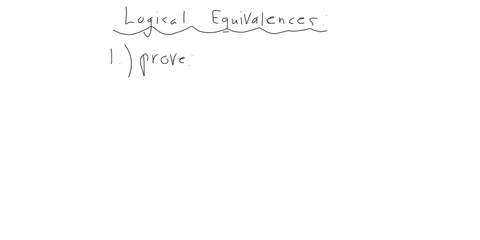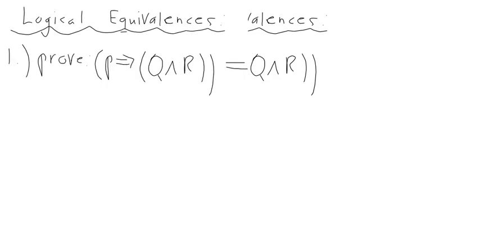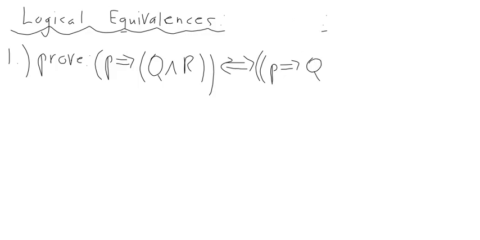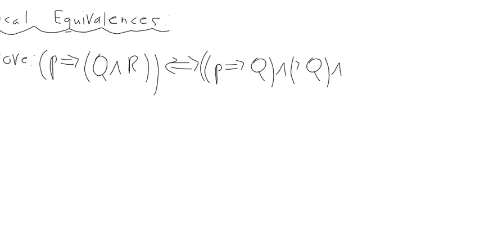We're going to prove that P implies Q and R, if and only if P implies Q and P implies R. So we want to show that the following logical equivalences hold.